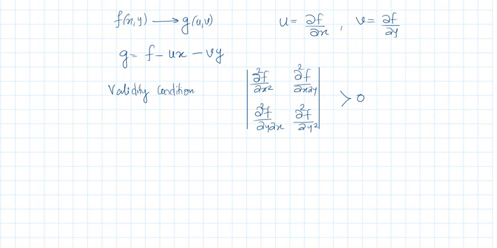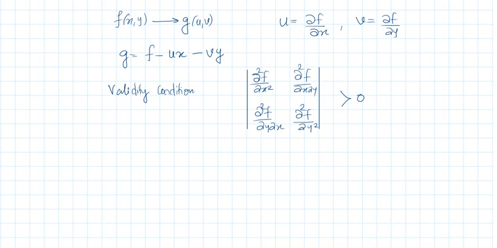So if these two conditions are satisfied, then g of uv you can write as f of xy minus the product of the variables that get exchanged, x to u, y to v. So you have to subtract u into x and v into y. Okay, so g is equal to f minus ux minus vy. This is the Legendre transformation of a function f of xy.